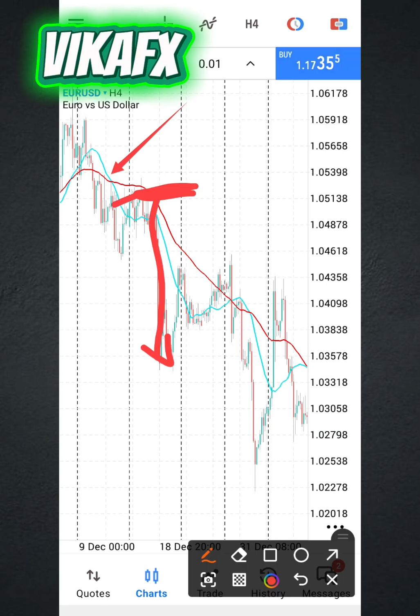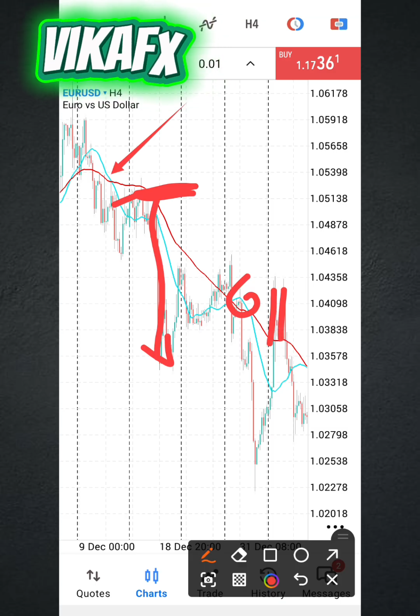You understand? Like for instance, look at this point here. There was a crossover here. Price rejected going up, and then gave a strong pullback, and then price suddenly started going down. Even here you can see that price went a little bit up, gave a strong rejection, and then started going down. Sometimes price gets to the average and doesn't give any rejection. You have to hold on and wait for a good strong rejection before entering.